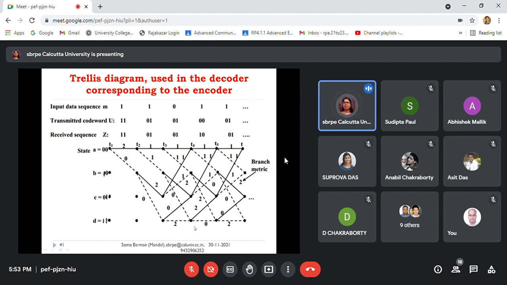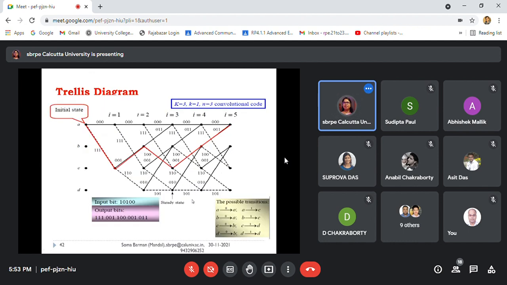For each time instant you just mark the nodes. Otherwise it will be very difficult to draw and more confusing.